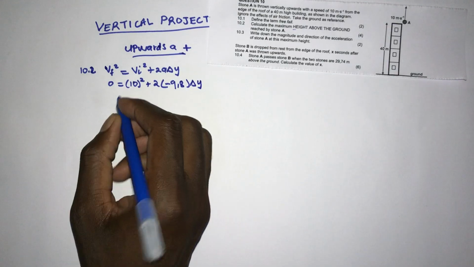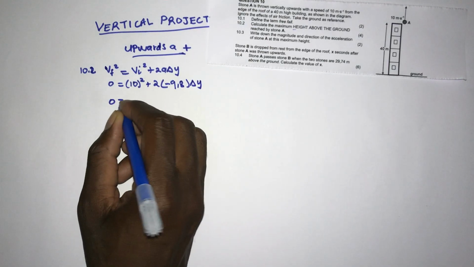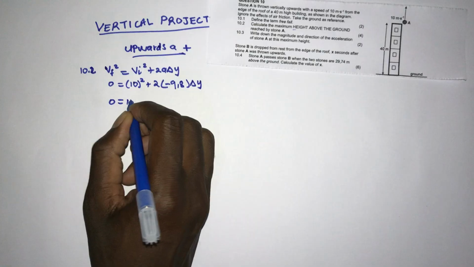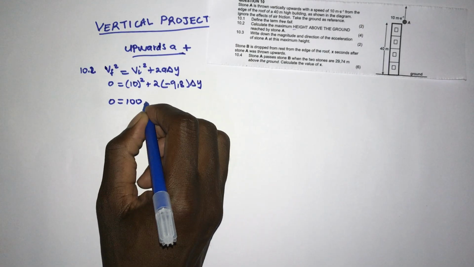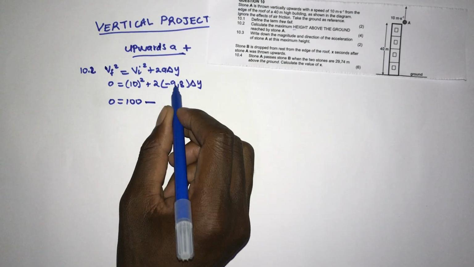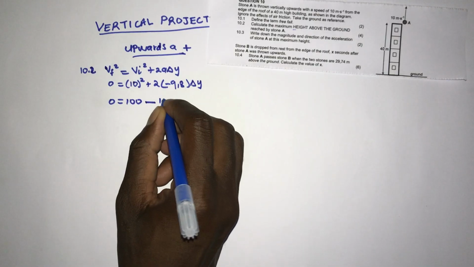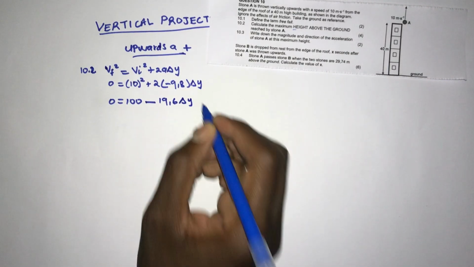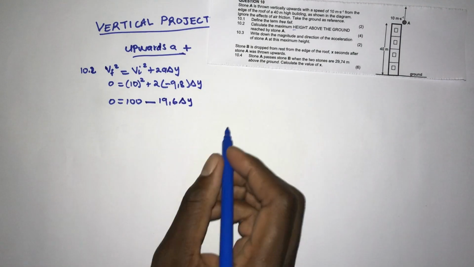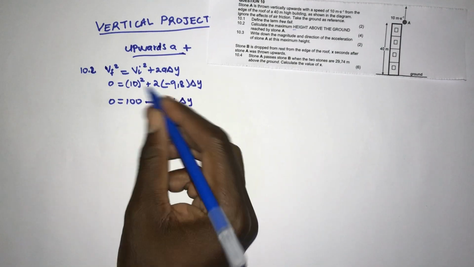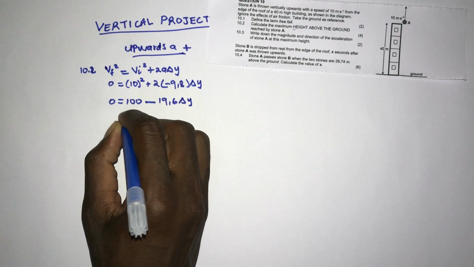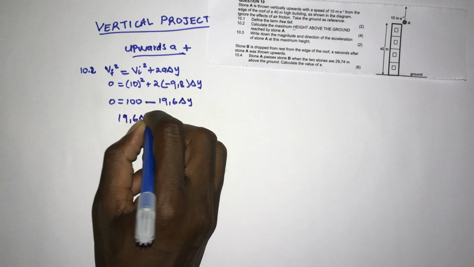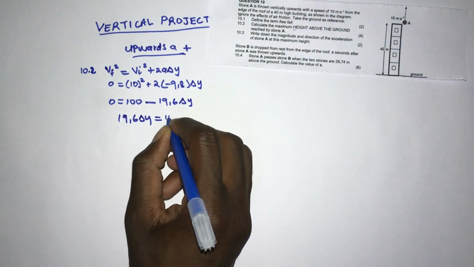So 0 is equal to 10 squared, which is 100, minus 2 times 9.8, which is 19.6, change in y. I'm going to take 19.6 change in y to the other side, so 19.6 change in y is equal to 100.